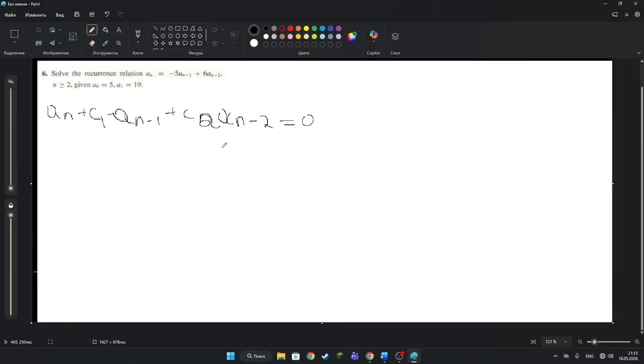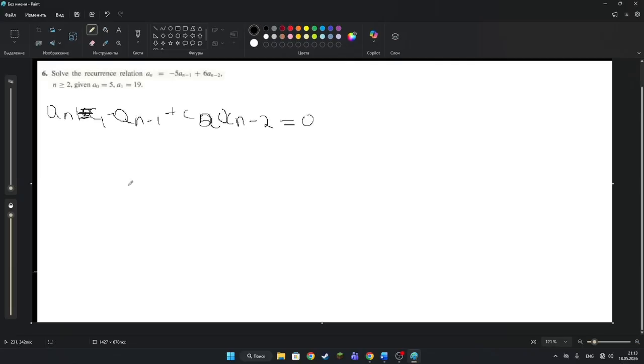There we replace an with r squared, and collect everything together.